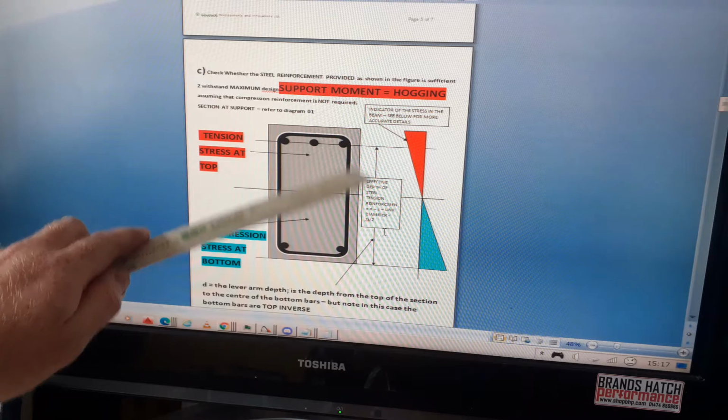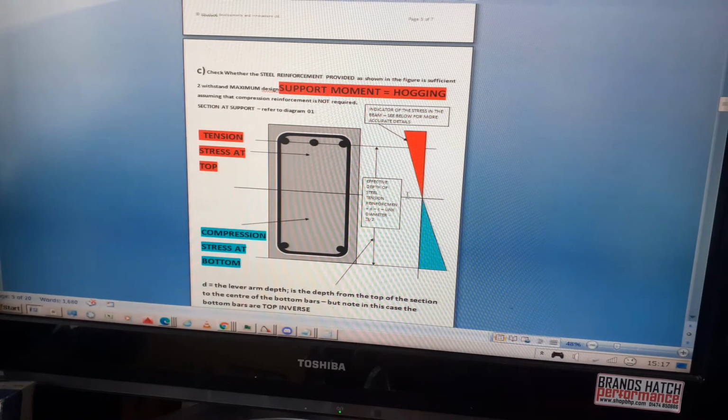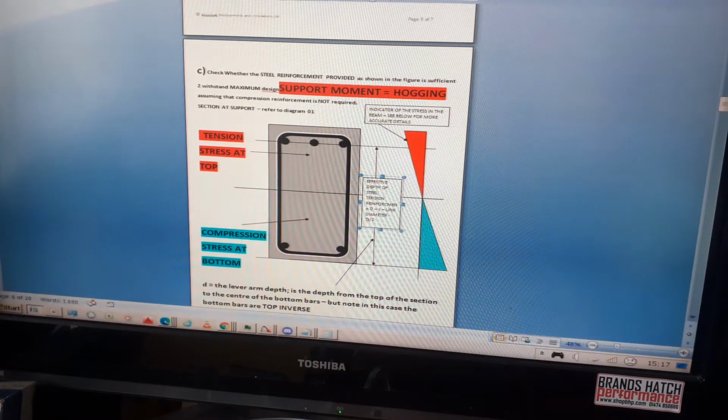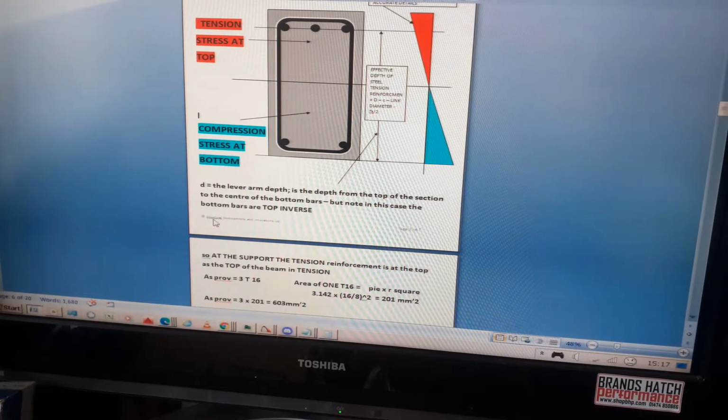equal to the depth of the whole section minus C, which is the cover to the links, minus the link diameter, minus half of the tension bar diameter. So that obviously gives you the center of the bar, which is the effective depth. I've just written it again there.